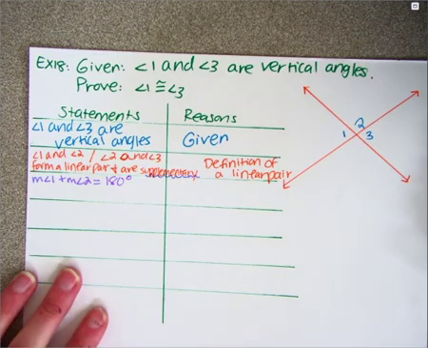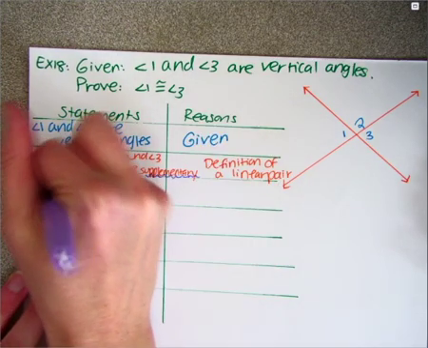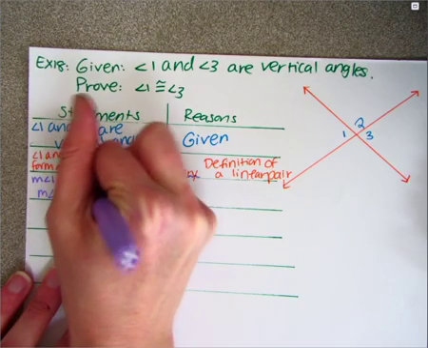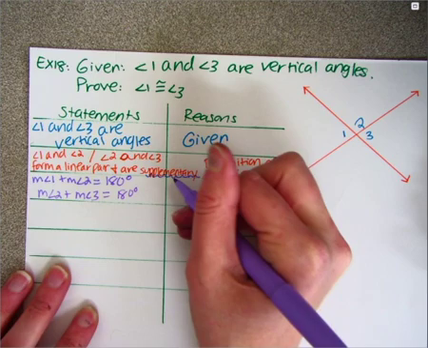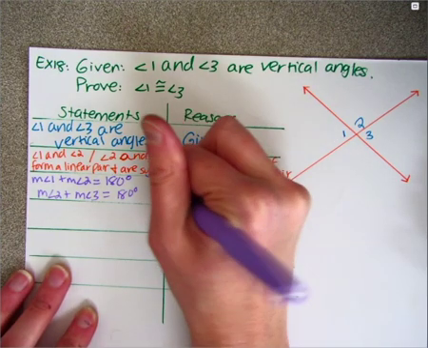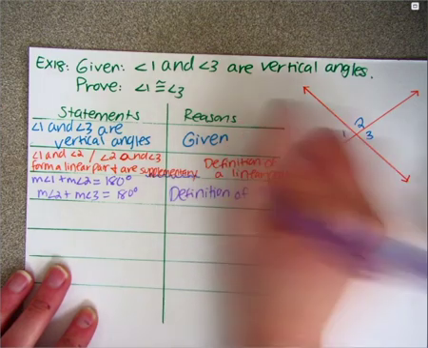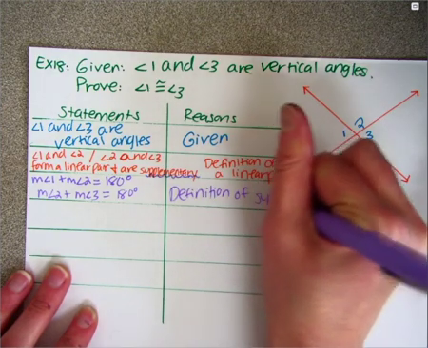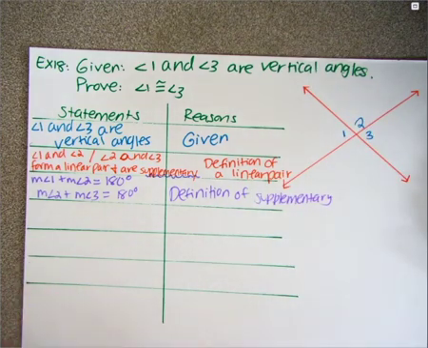I can also say the measure of angle 2 plus the measure of angle 3 also add up to be 180. And that is because that's what it means to be supplementary. So, definition of supplementary.